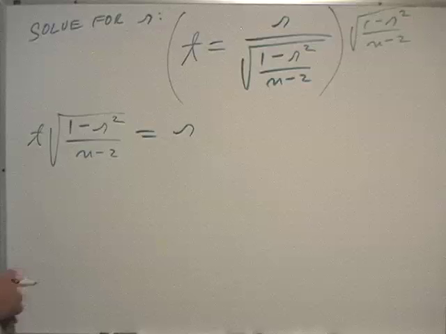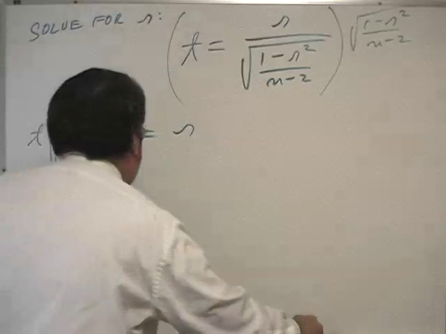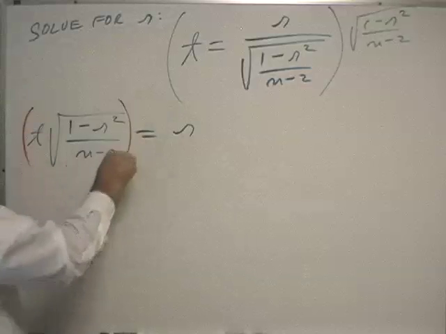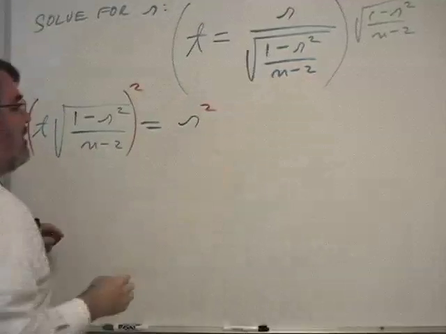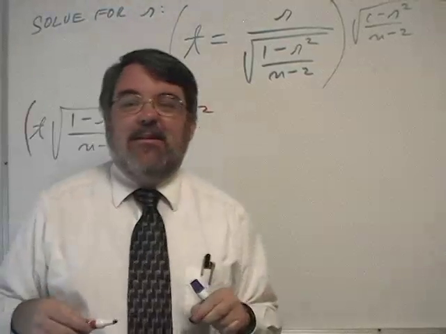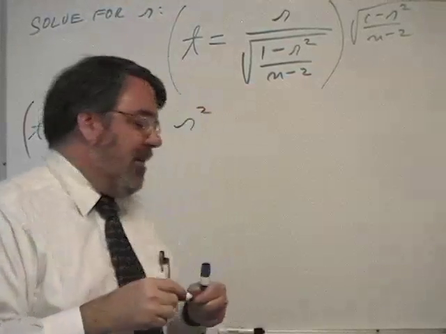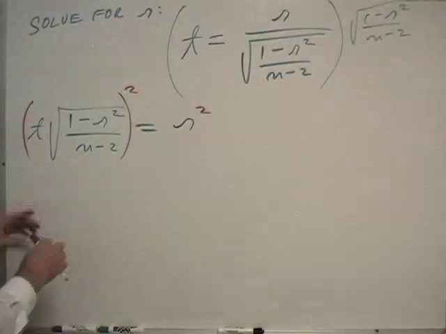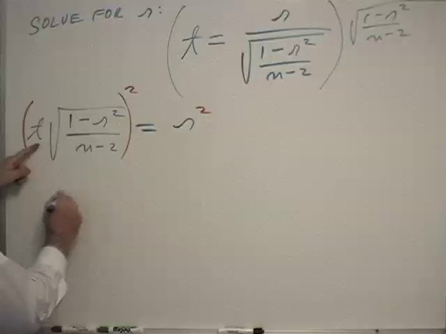Now, that square root, not much I can do with it, except get rid of it. And the only way to get rid of it is to square it. So I'm going to square both sides of the equation. That's something you would do in the next chapter, but I thought I would go ahead and introduce it to you here. When I square T, I get T squared.